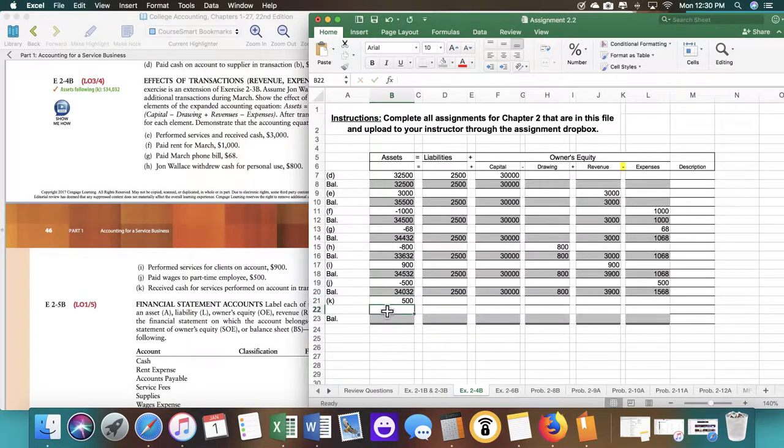But then we actually have to decrease our accounts receivable to show us that our customer has paid us $500. So that's going to be subtracted. So again, that transaction evens itself out. And so we're just going to make sure we total the bottom of each row to make sure that we are still in balance.